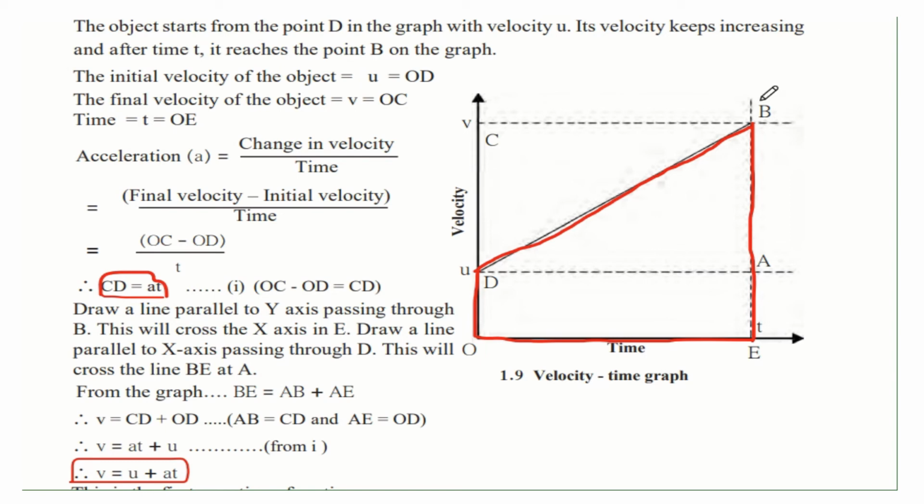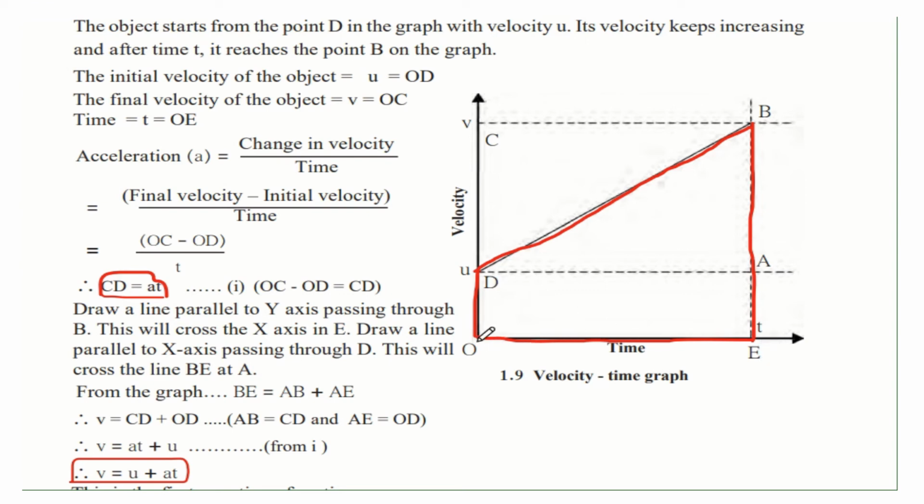So now we can find it directly, and if you remember, the area of a trapezium is half into the sum of the lengths of the parallel sides into the distance between the parallel sides. So over here the parallel sides would be OD and BE, and the distance between the parallel sides would be OE.